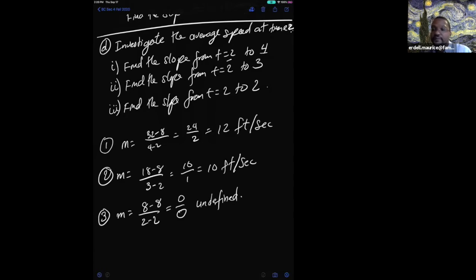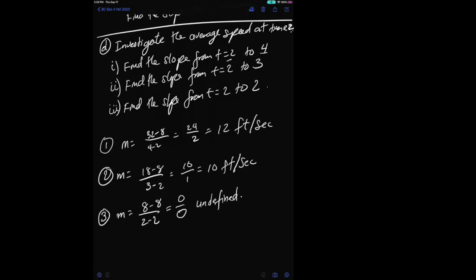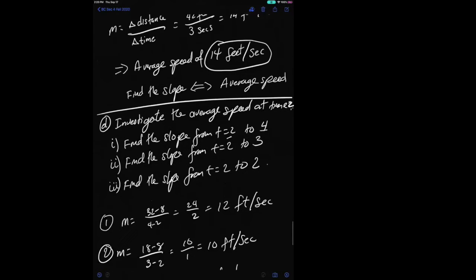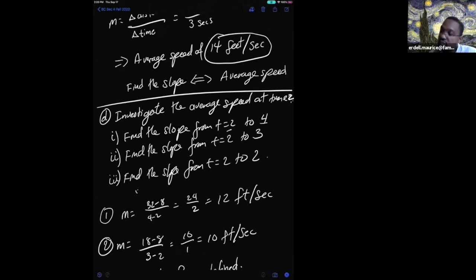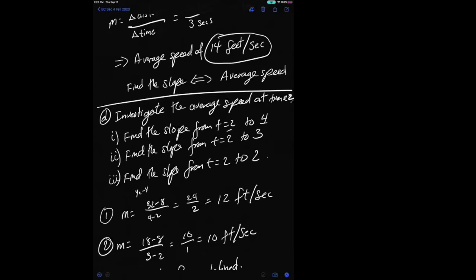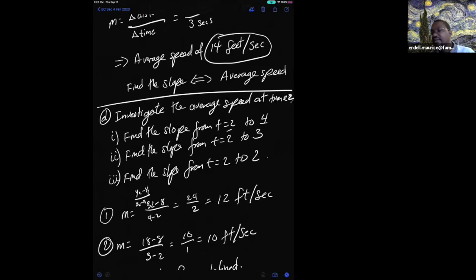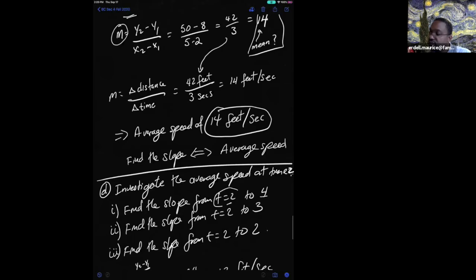I have a question. I'm listening. So how do you know what to input from the chart? See how you got 32 minus 8, 4 minus 2? So the formula is y2 minus y1 over x2 minus x1. And then I have to identify the points. So you see how it's saying it's going from t equals 2?